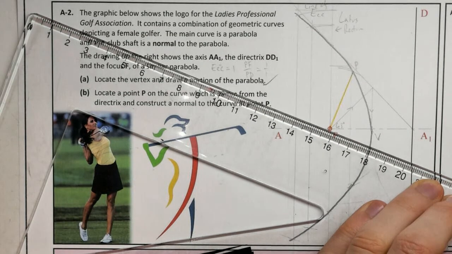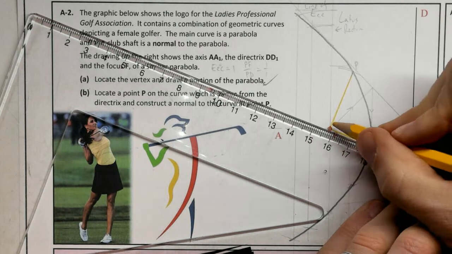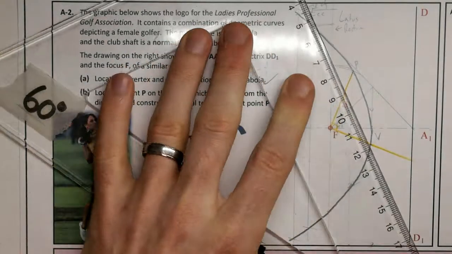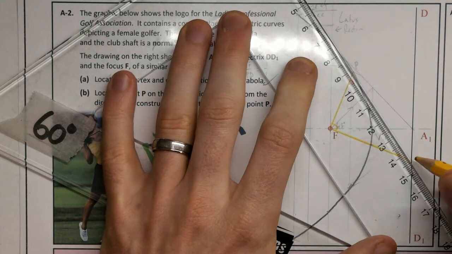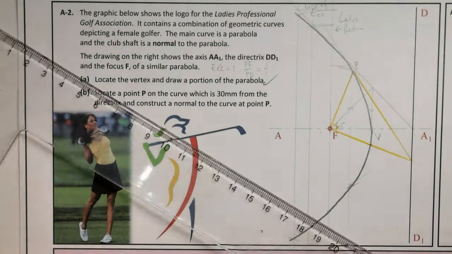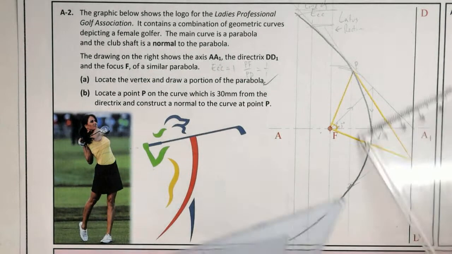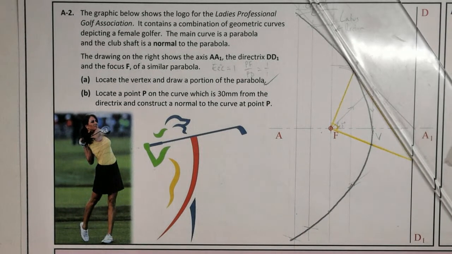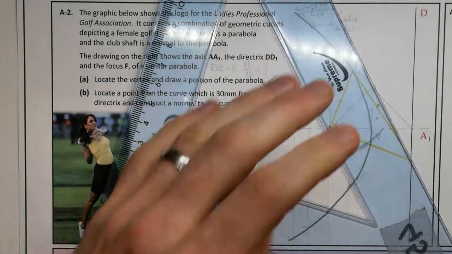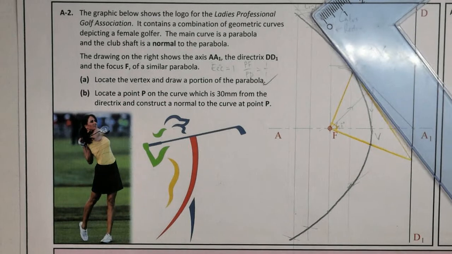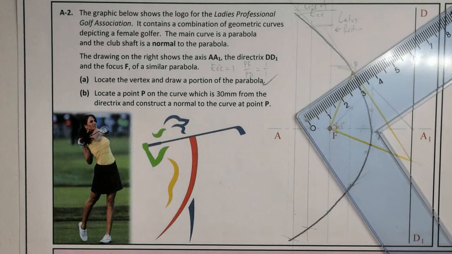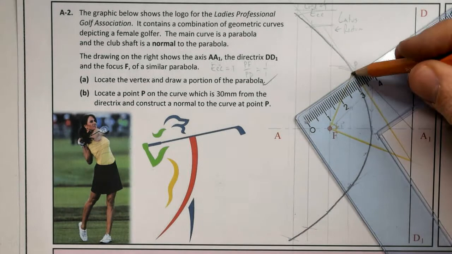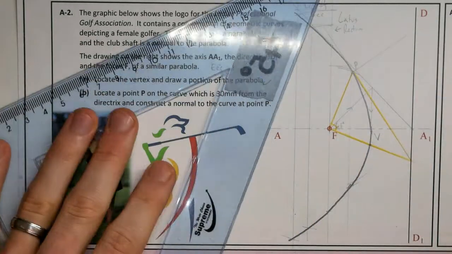I'm going to draw a 90-degree line until I hit my directrix. So that's 90 degrees. And if I draw that out, that will give me a tangent. Then my normal will be at 90 degrees to that tangent. So that could be our normal there.